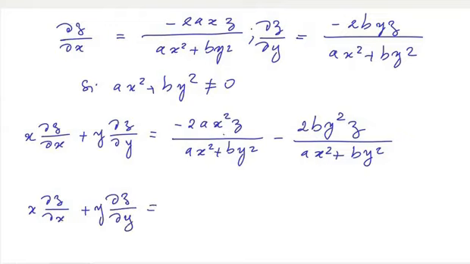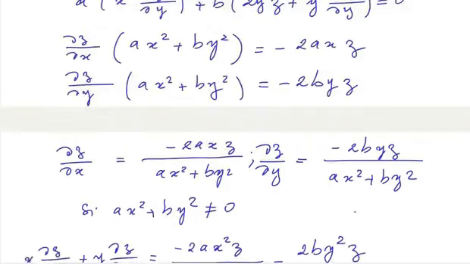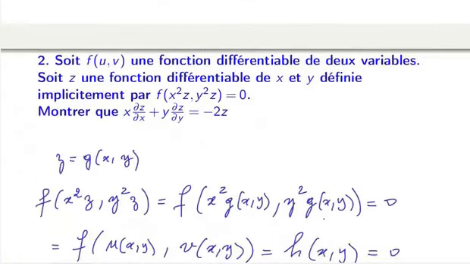We see that we can factor out here minus z times the same denominator: ax² plus by², divided by ax² plus by², with a 2, which gives minus 2z, and this is indeed the formula requested in the text. x times the partial derivative of z with respect to x plus y times the derivative of z with respect to y equals minus 2z.